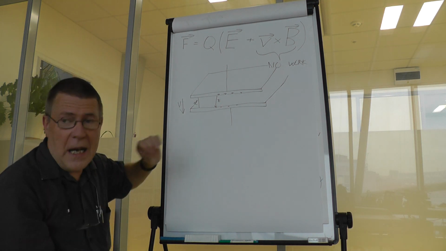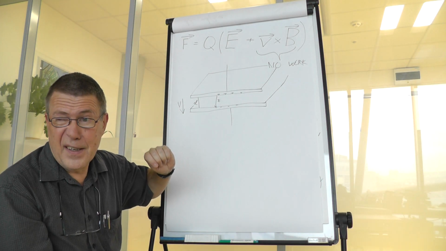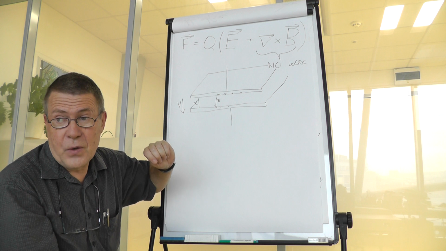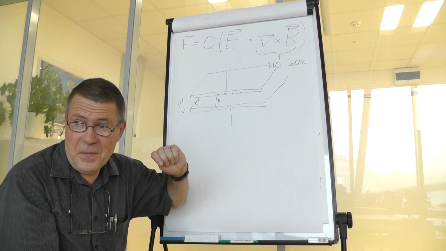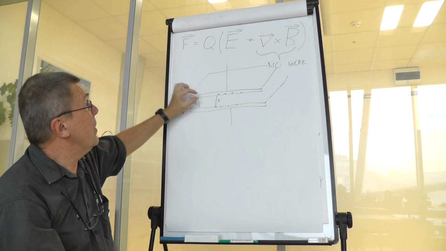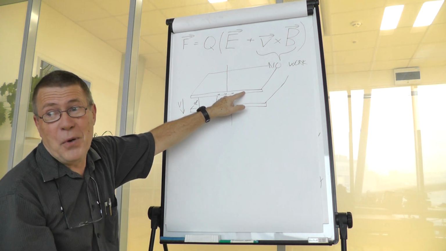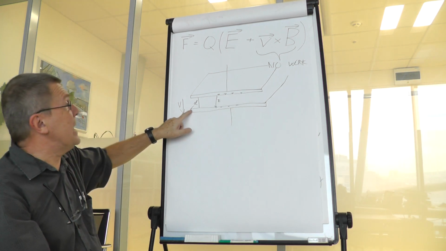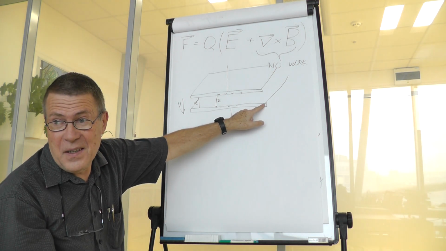Now if we would like to find out the force attracting those two electrodes, we would have two possibilities, at least. The first could be, well, any of those charges on the upper electrode attracts any of those charges on the lower electrode.